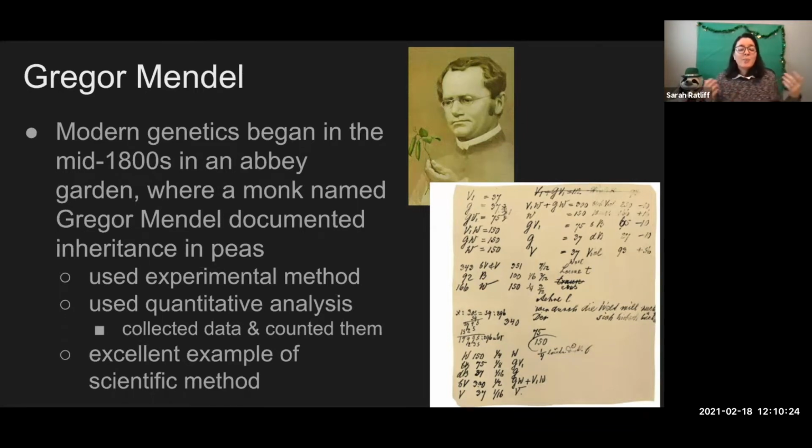And then if his hypothesis was wrong, he would go back, start over, make a new hypothesis, and go through the experimental process again. If his hypothesis was proven correct, he would still do it again and again and again to make sure that it wasn't just a fluke. Doing it over and over with the same results means it will be confirmed. So, amazing, a perfect example of the scientific method and how that works.